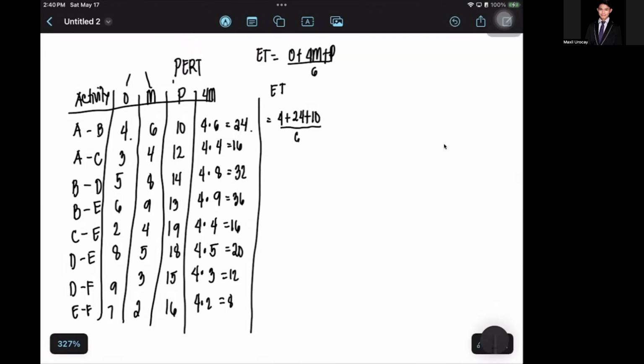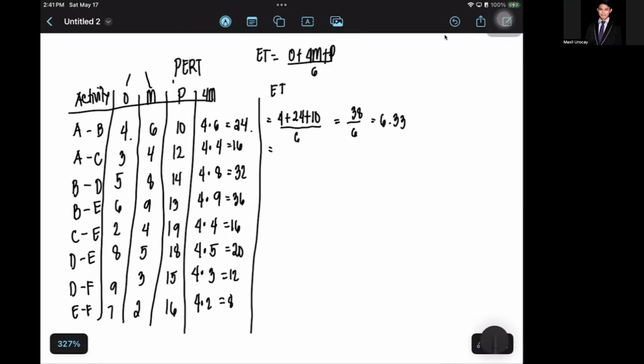We'll deal with that step by step, because we cannot do the process if we do not do it step by step. So 4 plus 24 plus 10 is 38, divided by 6, which equals 6.33, to two decimal points.